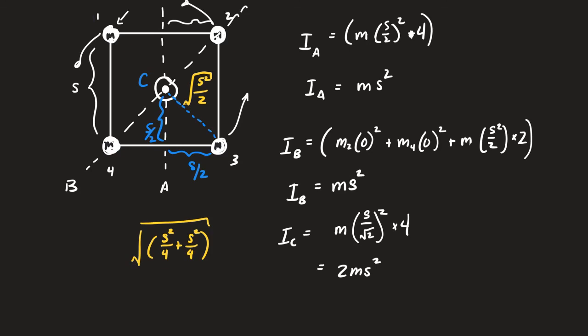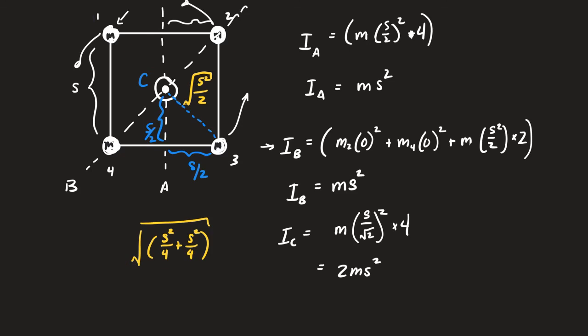The fact that the first two are the same is coincidental, kind of. Those two masses are just far enough away from the axis of rotation in axis B to increase their moment of inertia as much as the other two masses were before. So clearly, distance away from the axis of rotation is a big deal.